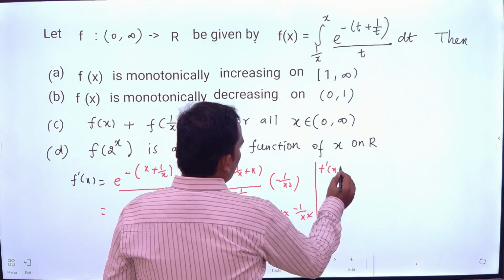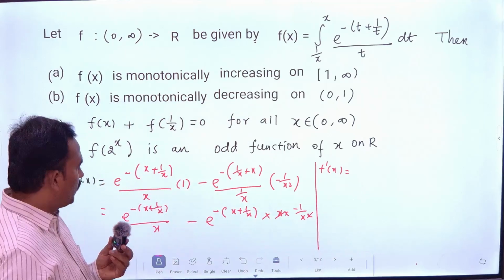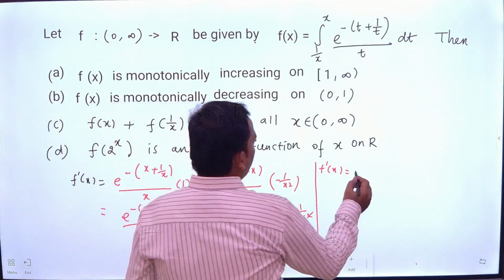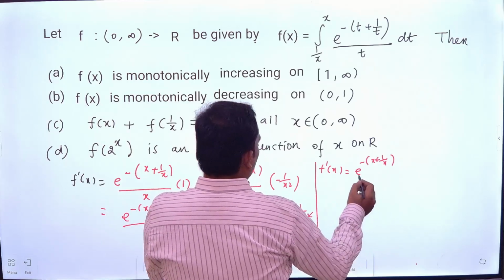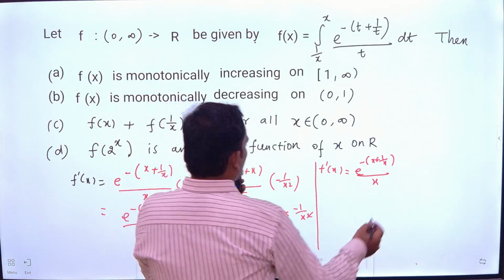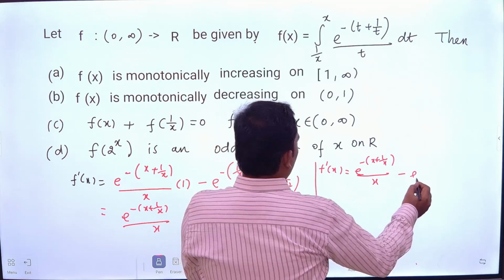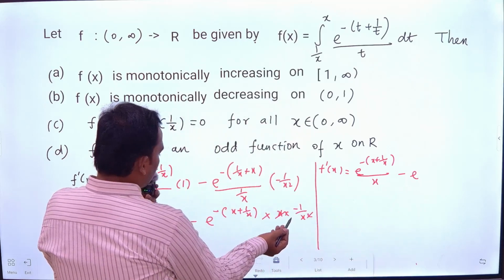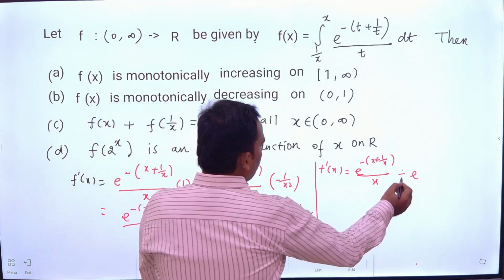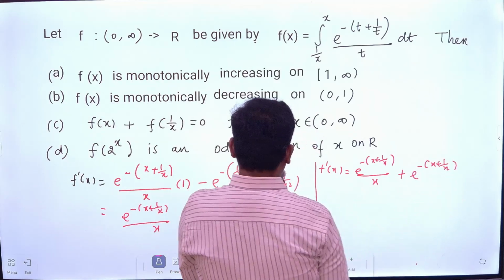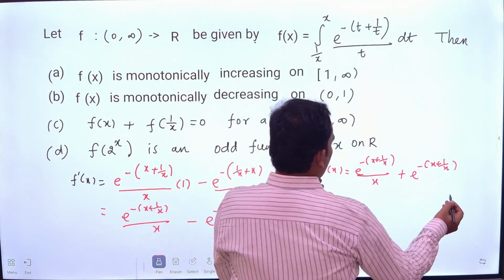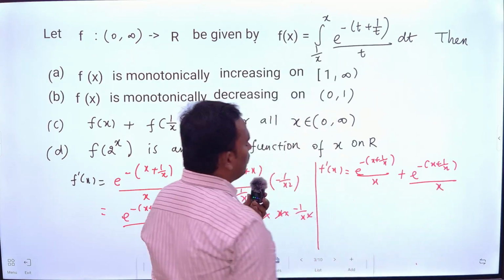f dash of x equal to, what will we get? e power minus x plus 1 by x divided by x, minus e power, you can see here already minus is there, minus into minus plus, plus e power minus x plus 1 by x, divided by x.